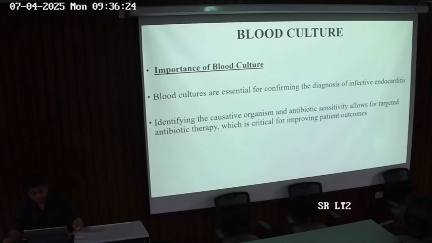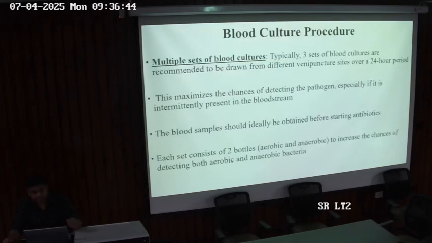Importance of blood culture. These bacteria can be identified with blood culture. Blood cultures are essential for confirming the diagnosis of infective endocarditis. Identifying the causative organism and antibiotic sensitivity allows targeted antibiotic therapy, which is important for improving the patient's outcome.